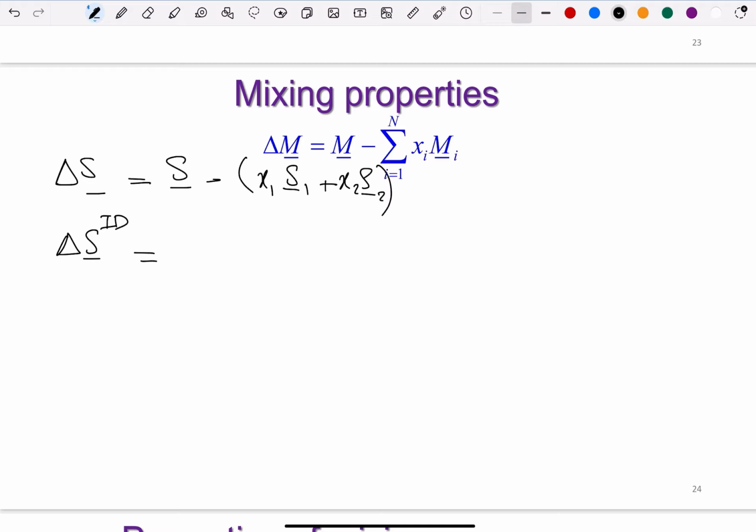If you're mixing things ideally, do you have any information about your mixture entropy? Same formula, right? You are going to use that formula over there. What is S ideal?